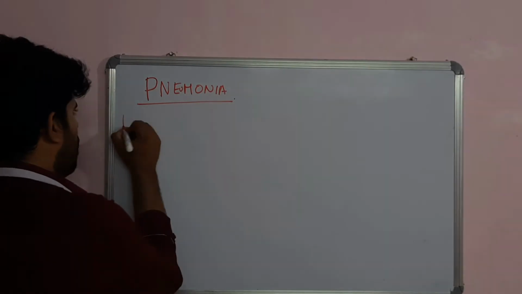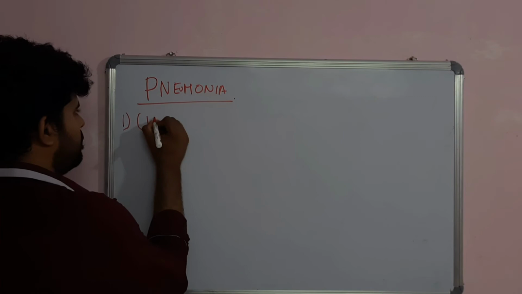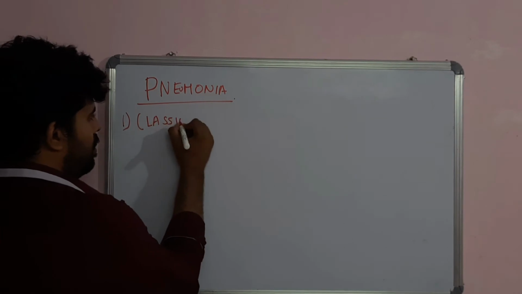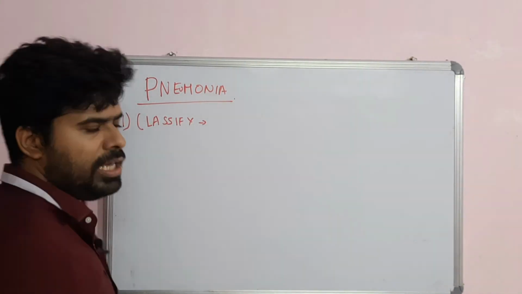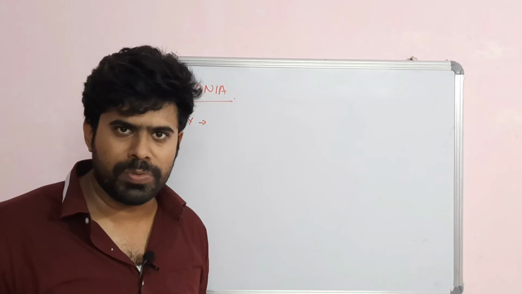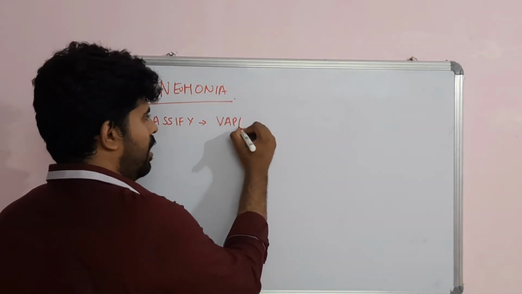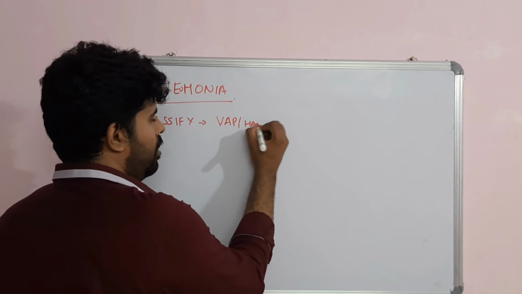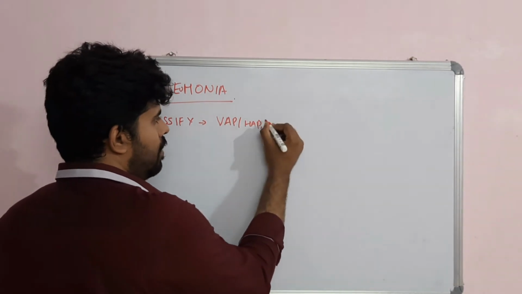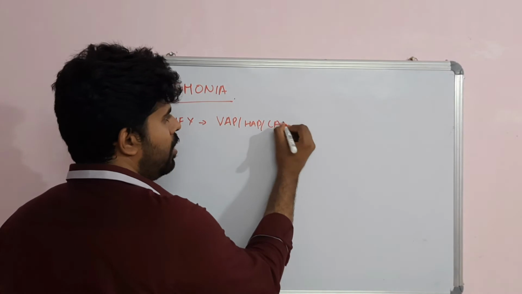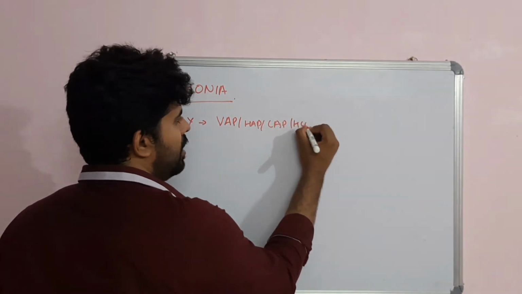So, how do you classify? Traditionally, pneumonia was classified into 4 groups, namely ventilator-associated pneumonia, hospital-acquired pneumonia, and community-acquired pneumonia, or a healthcare-associated pneumonia.